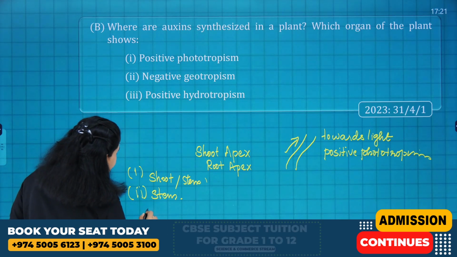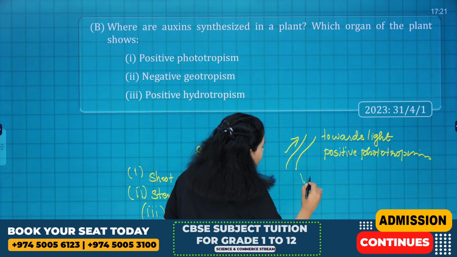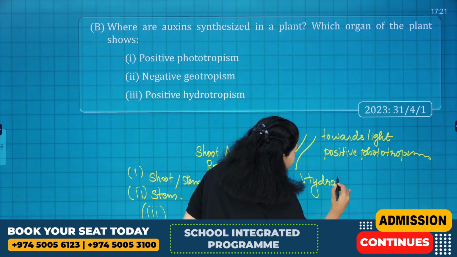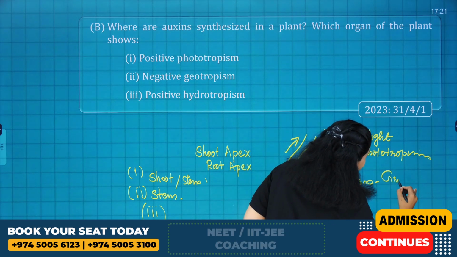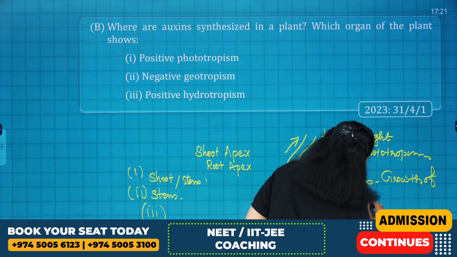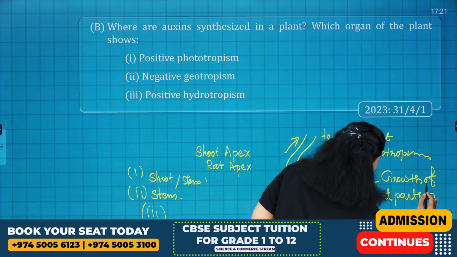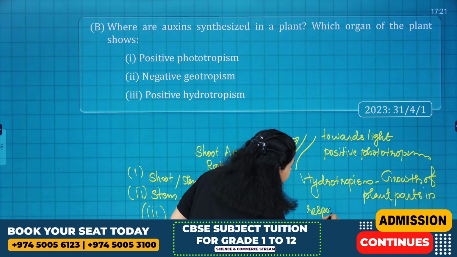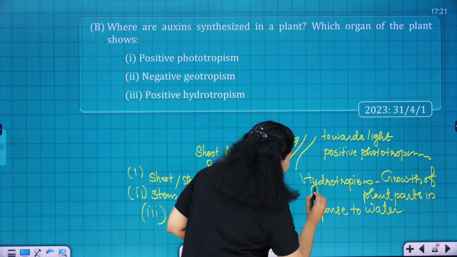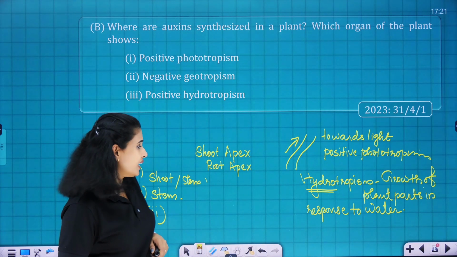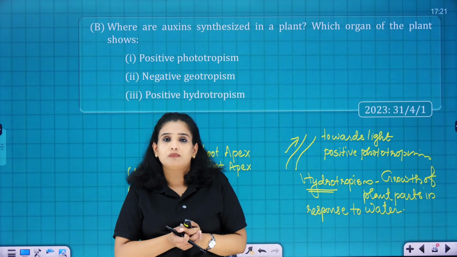Third one is positive hydrotropism. So what is hydrotropism? Hydrotropism is growth of plant parts in response to water. In response to water, it is hydro. Here you have two types of hydrotropism.